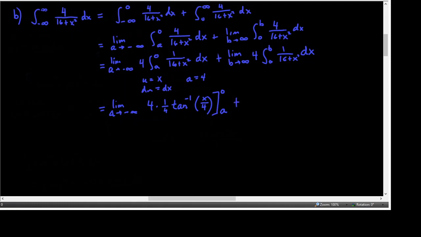And of course the other one is the same antiderivative.